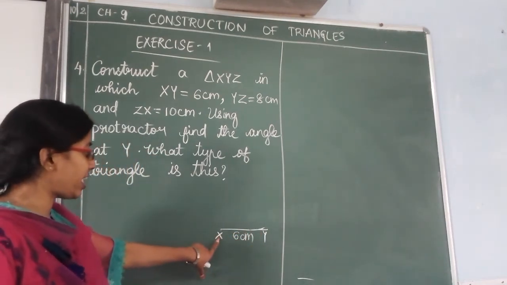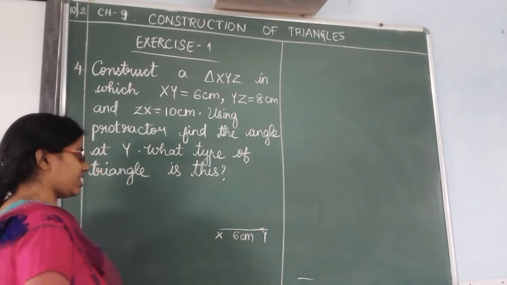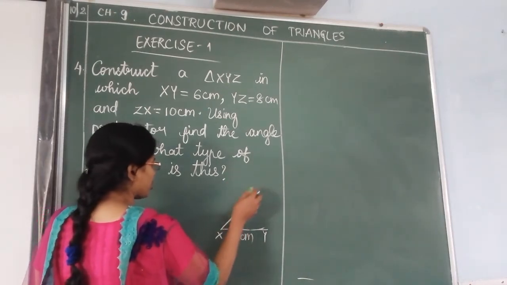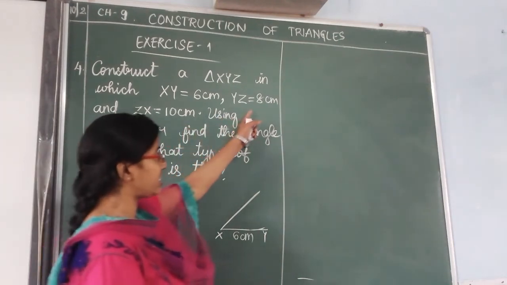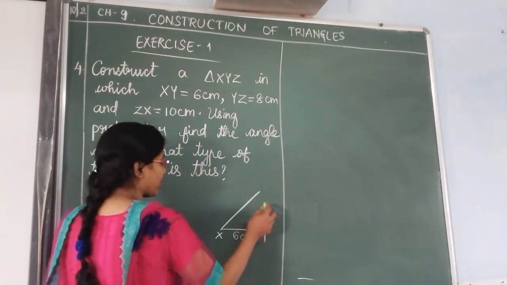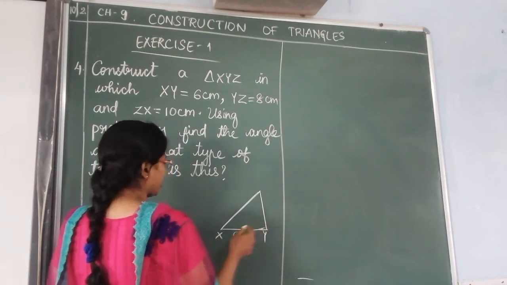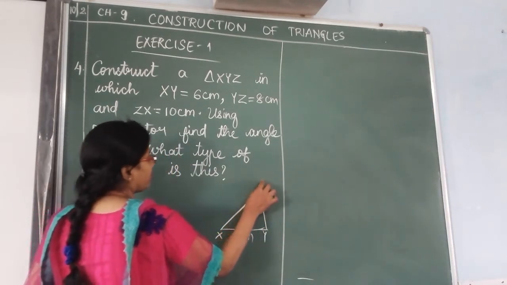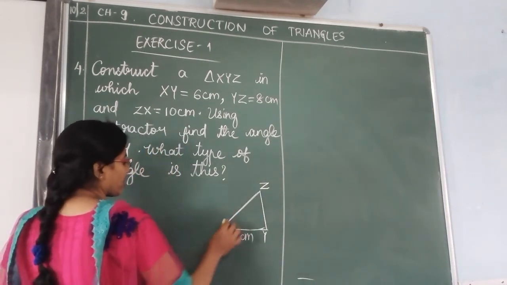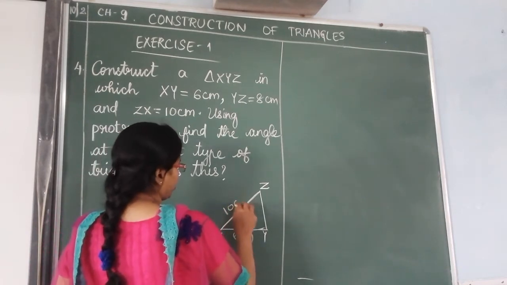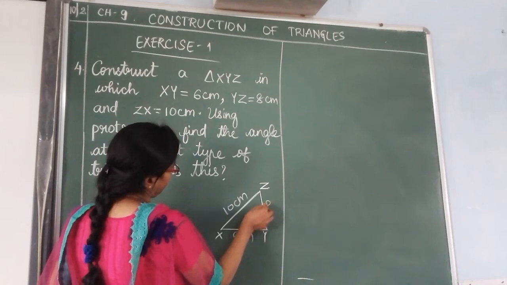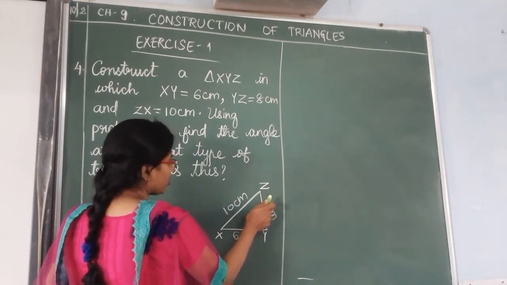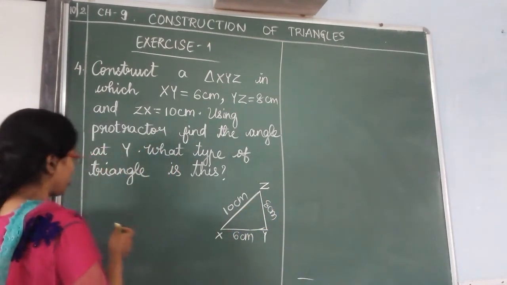Now you know that XZ is 10 centimeters. So this is going to be long, and then you know that YZ is equal to 8 centimeters. So here this is Z. So this is 10 centimeters and this side you got 8 centimeters. Okay. So this is the rough figure that we have drawn.